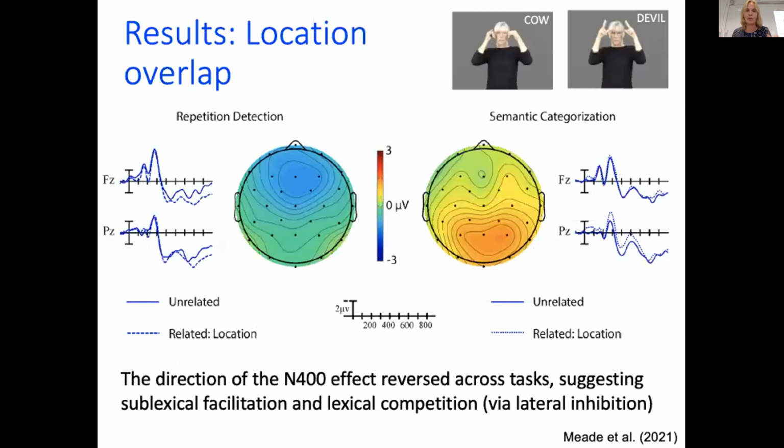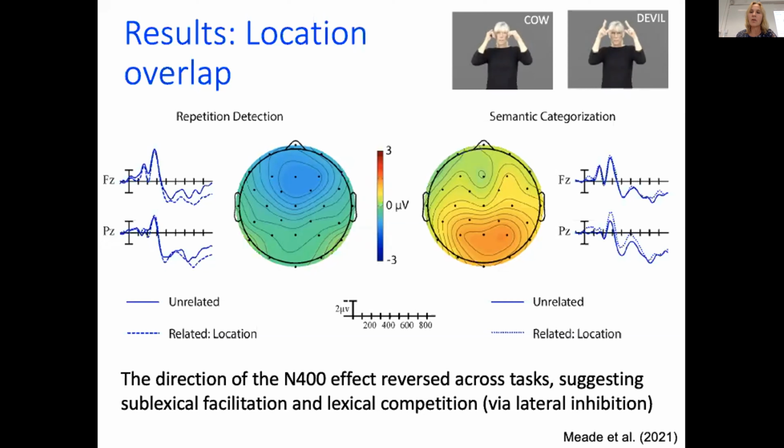Oops, I skipped the most. So this is the coolest result. Now if we look at location, what we see is the direction of the priming effect reverses across tasks. So when you're doing the form-based task, we see a facilitation effect. So you see more negative for the unrelated compared to the location overlap prime. But when you actually have to select a sign, you have to recognize the sign in order to do the task, now we see this inhibition effect.